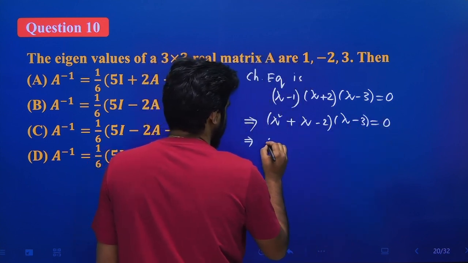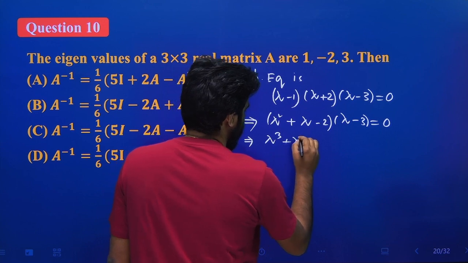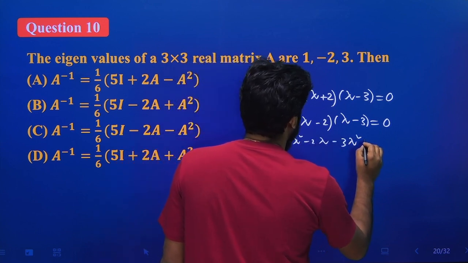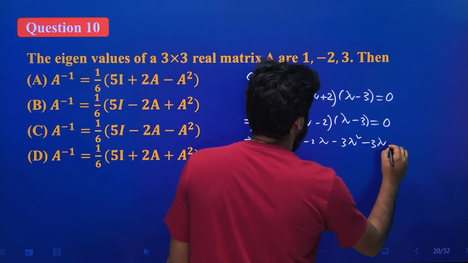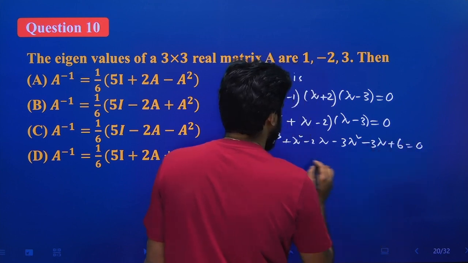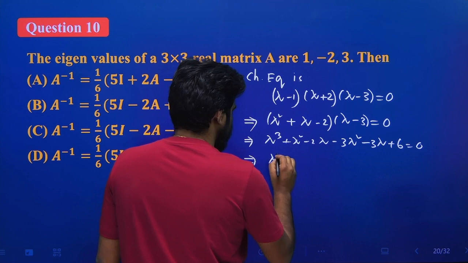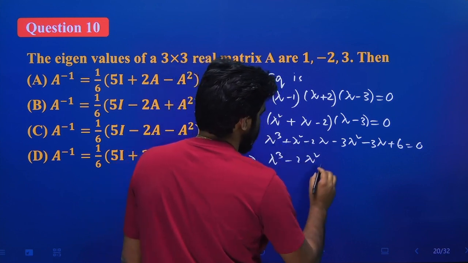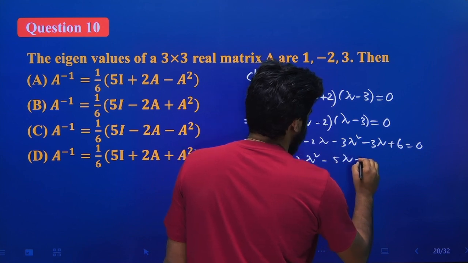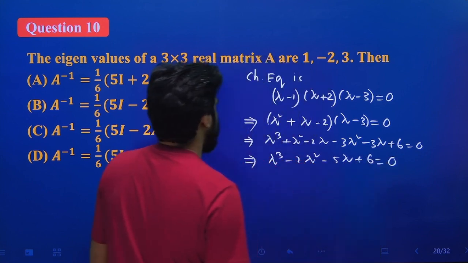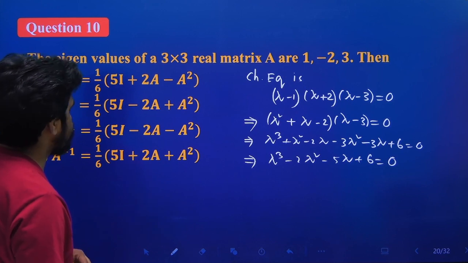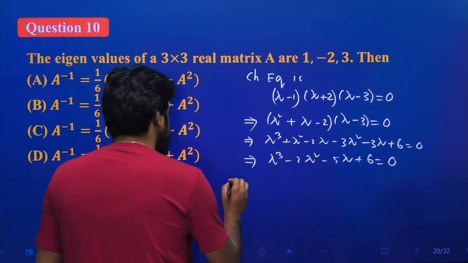So this implies lambda cube plus lambda square minus 2 lambda minus 3 lambda square minus 3 lambda plus 6 is equal to 0. That means lambda cube minus 2 lambda square minus 5 lambda plus 6 is equal to 0.